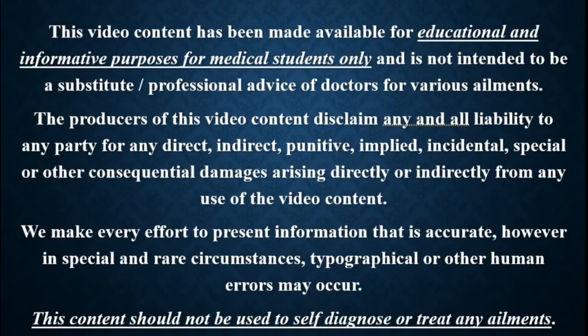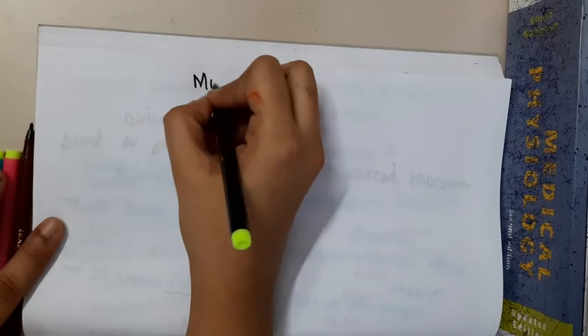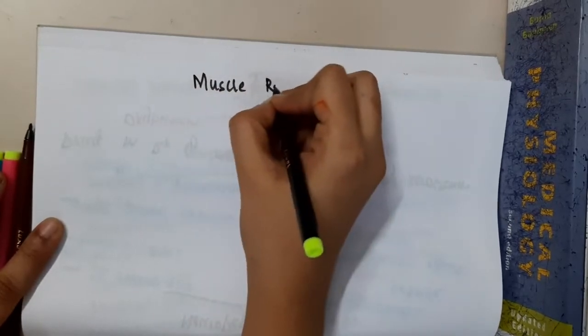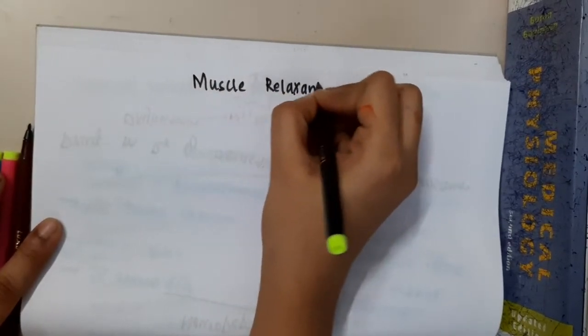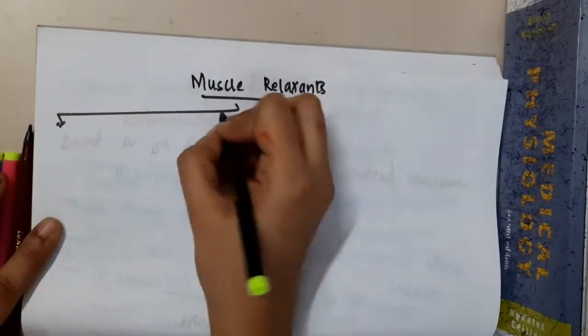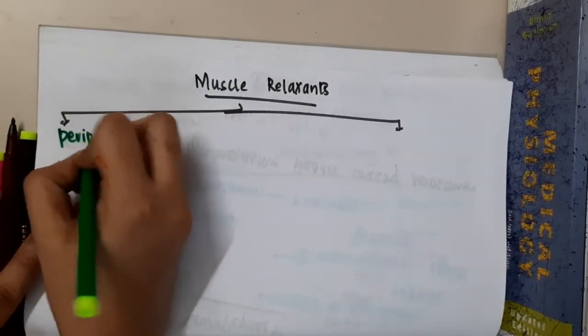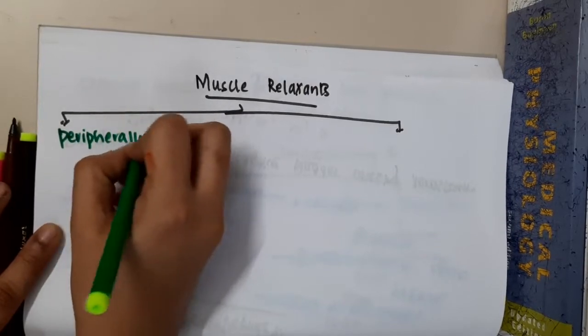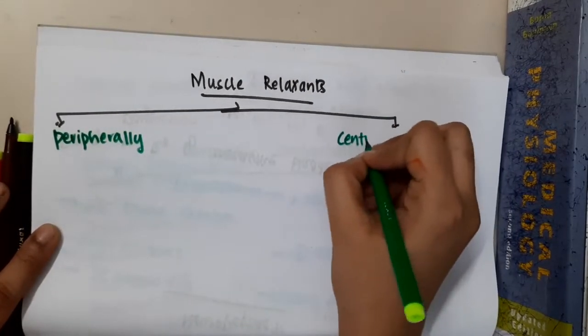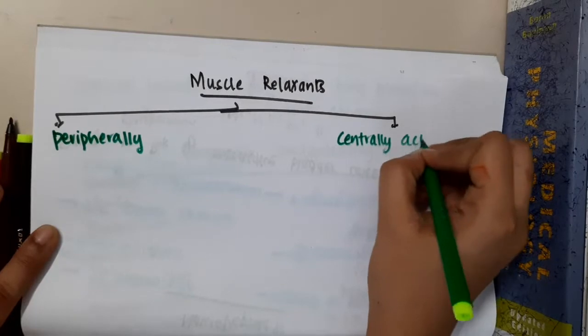In this lecture, we will learn about the classification of muscle relaxants. They are divided into two types: first, peripherally acting muscle relaxants, and second, centrally acting muscle relaxants.